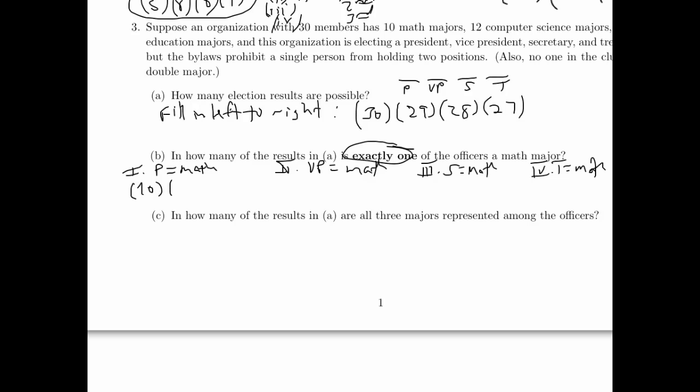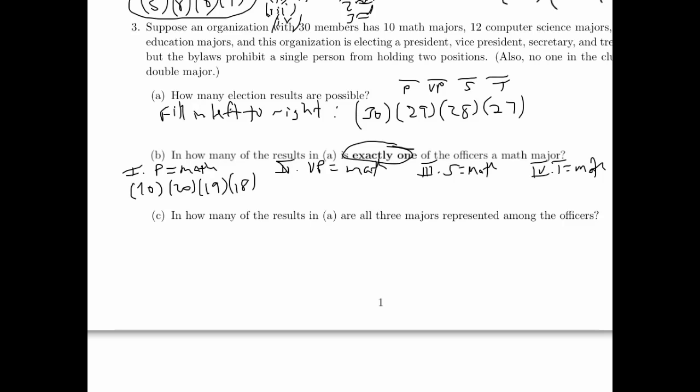So that means all three other officers have to come from the other 20 members. So there are 20 choices for vice president, 19 choices for secretary, and 18 choices for treasurer. So just filling the numbers left to right, where I insist that the first person is a math major and everybody else comes from the non-math majors, I would have something like that.